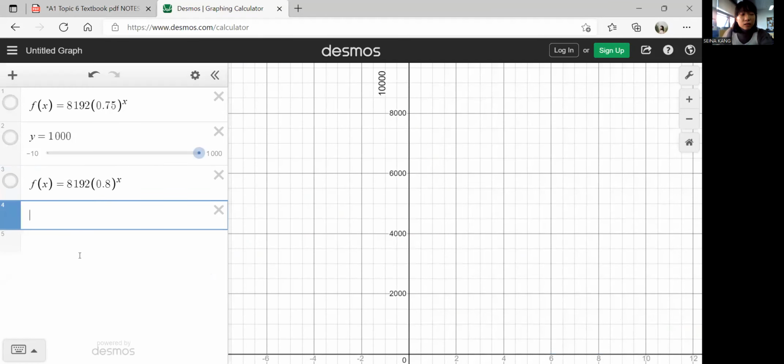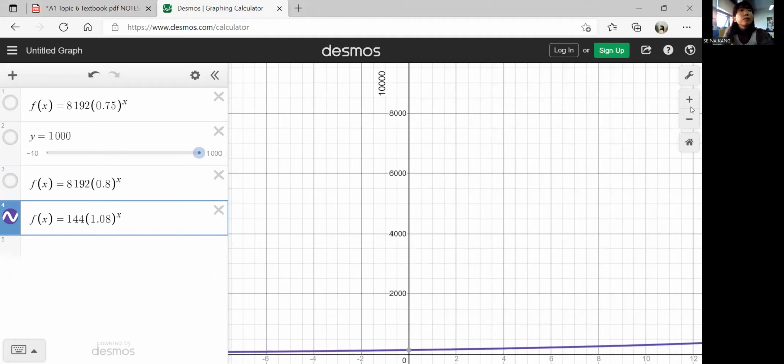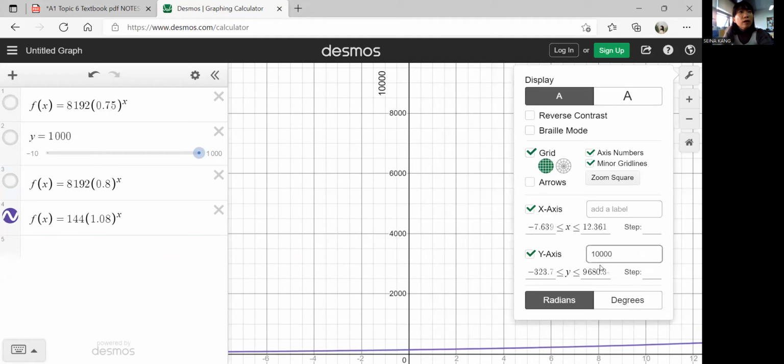Okay, and then plug that in. F of x is equal to 144 times 1.08 to the power of x. There you go. Okay, I'm gonna decrease the value of the x-axis. Let's do 200.